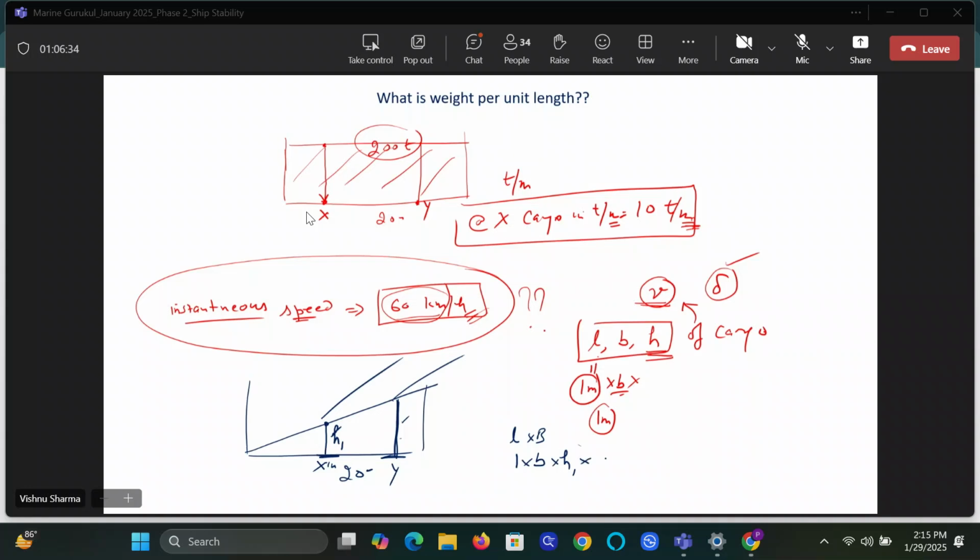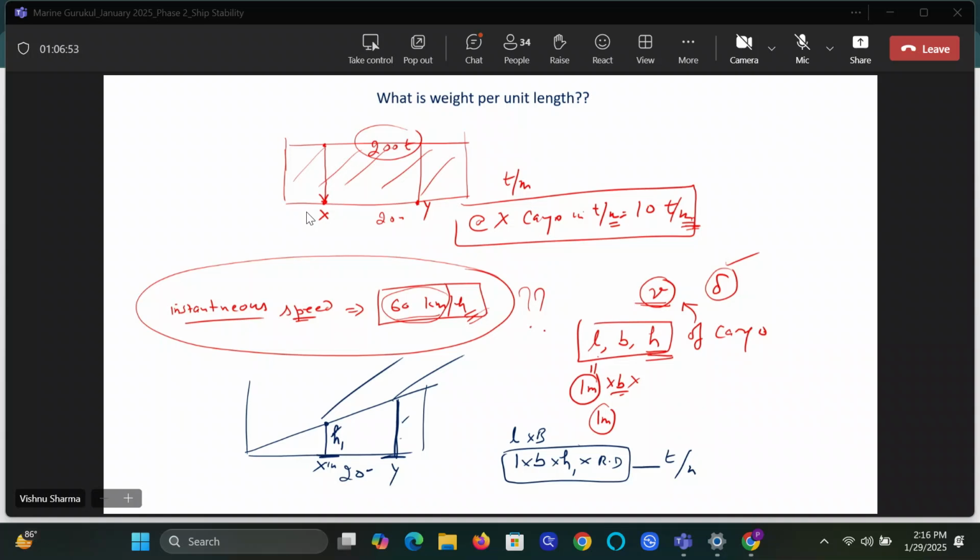And this volume multiplied by the RD of the cargo will give you weight in tons per meter at X. Understood, guys? Yes or no? Is that clear, class?